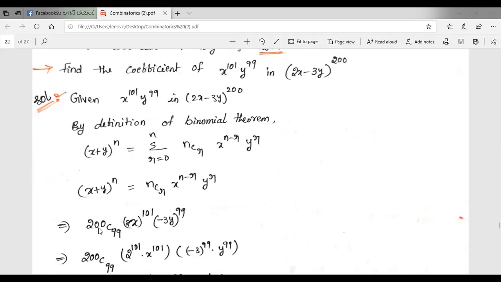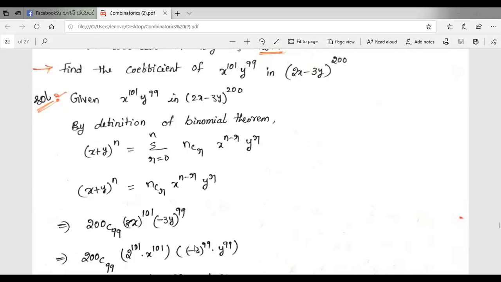Here n value is 200, and r value is 99 for the y power term. So 200C99, and in the given function, in place of x we have 2x, so (2x) whole power 101, and in place of y, (minus 3y) whole power 99. So (2x) whole power 101 can be written as 2 power 101 into x power 101, and (minus 3) whole power 99 into y power 99.